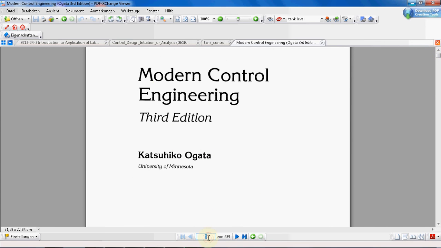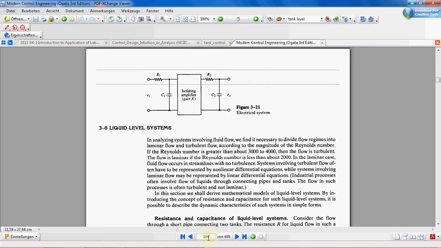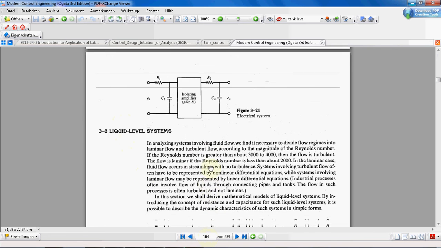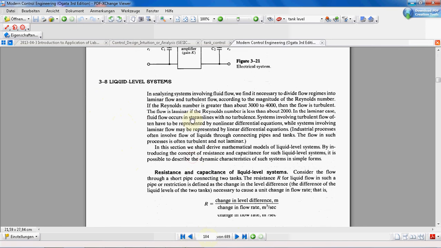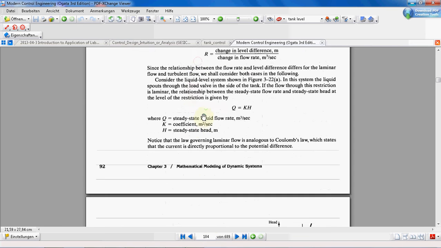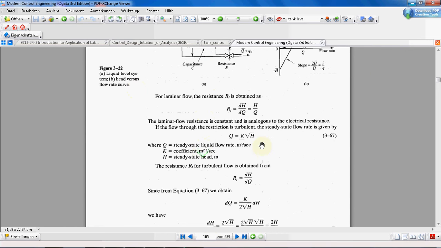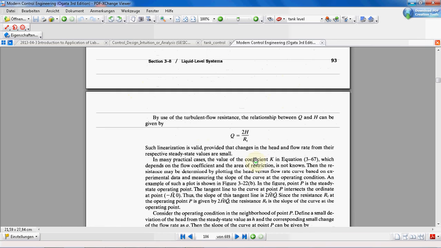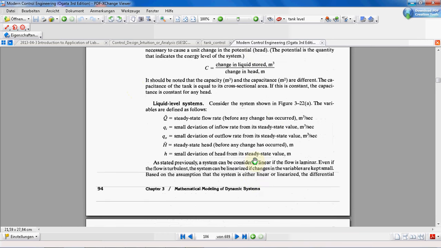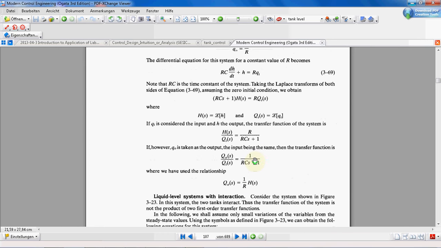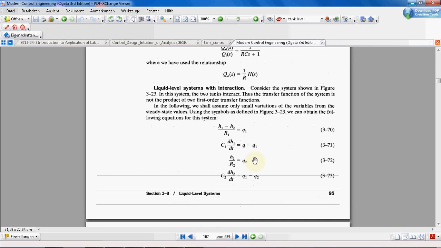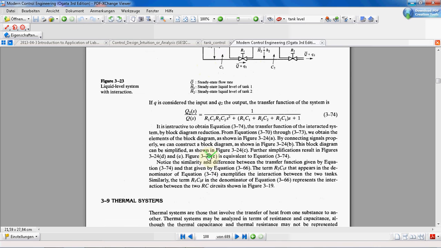I think you need to read chapter 3 of this book, Liquid Level Systems. It's a very interesting chapter, and this part is really interesting, and you better read this part of the book.